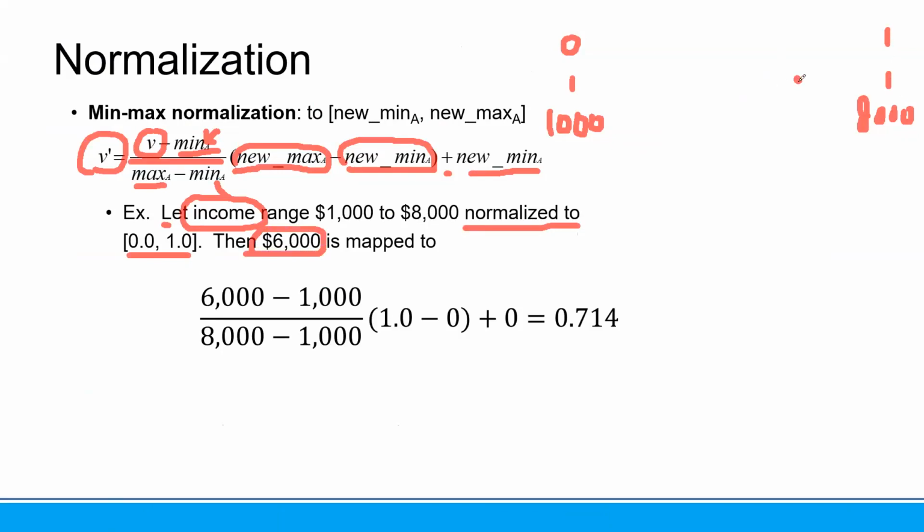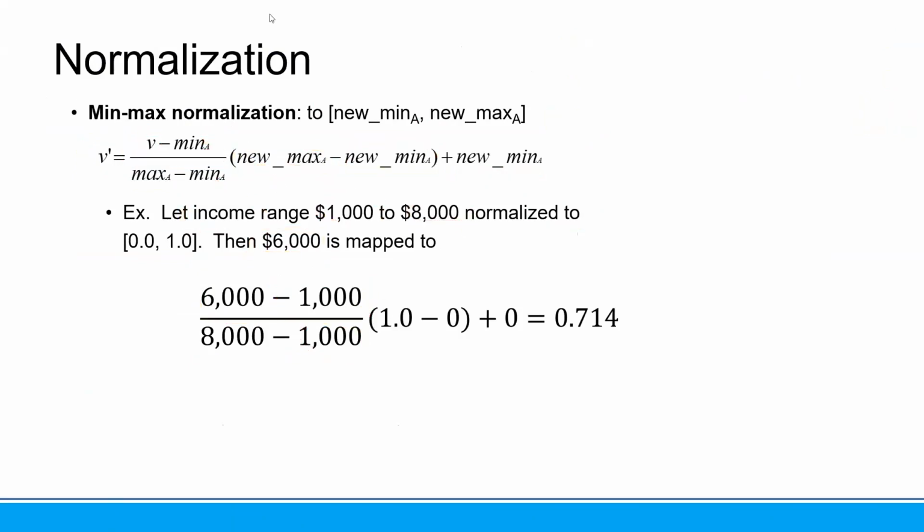Okay. So we can use the formula. 6000, this is the value that I want to get, minus 1000. 1000 is the minimum. Divided by 8000 minus 1000. 8000 is the maximum, 1000 is the minimum. And multiply by 1 minus 0. 1 is the new maximum and 0 is the new minimum, plus the new minimum.